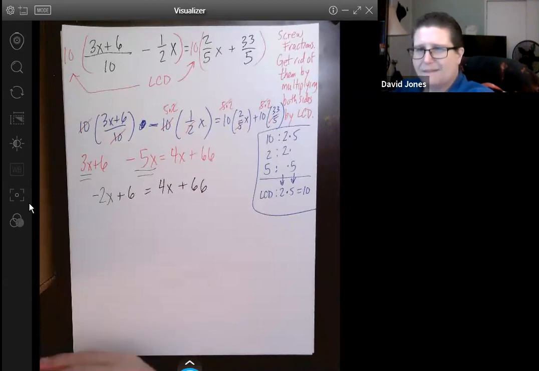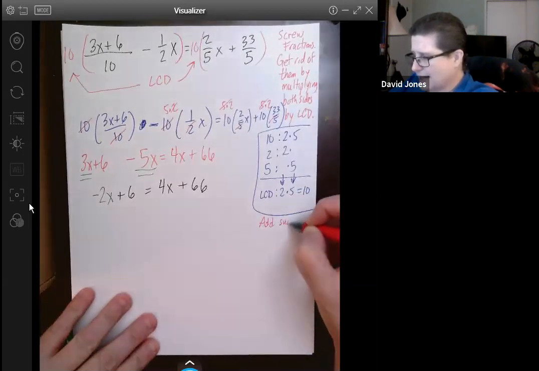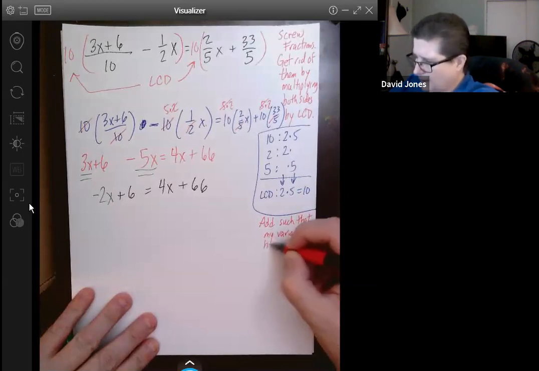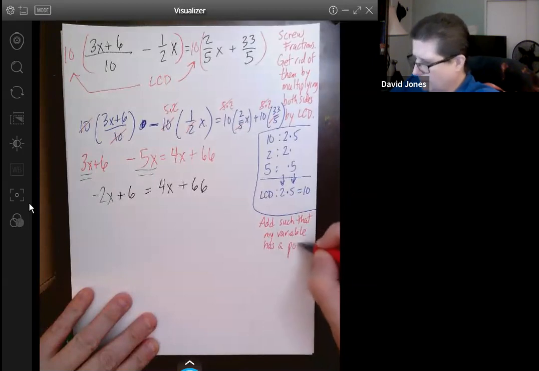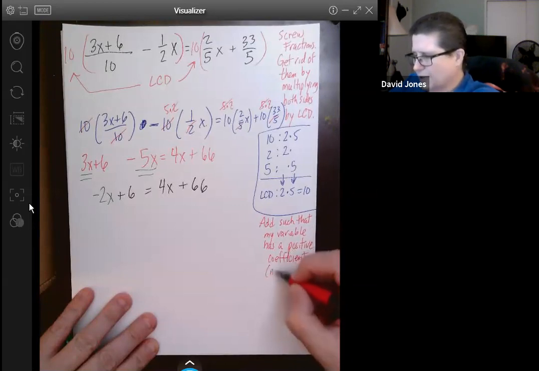I need to get the variables together on one side. So I'm going to add such that my variable has a positive coefficient, or that's the number in front.